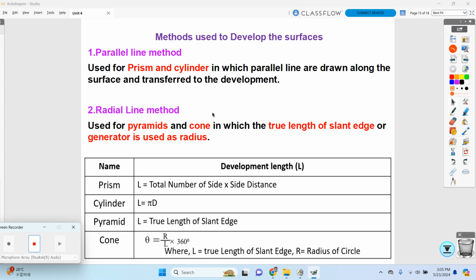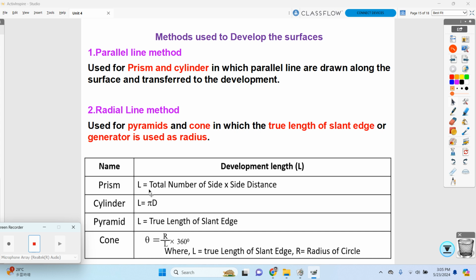For the prism and cylinder, the development length L can be calculated by these two formulas. Please take down these two formulas, they are useful for you to develop your length.